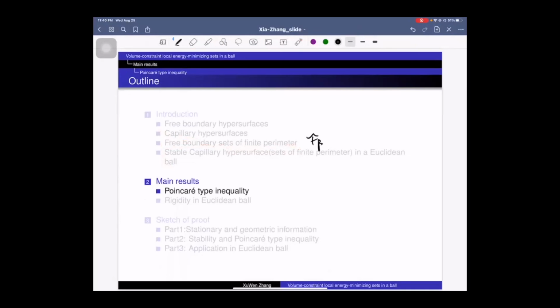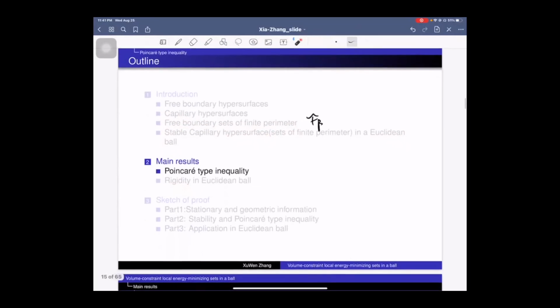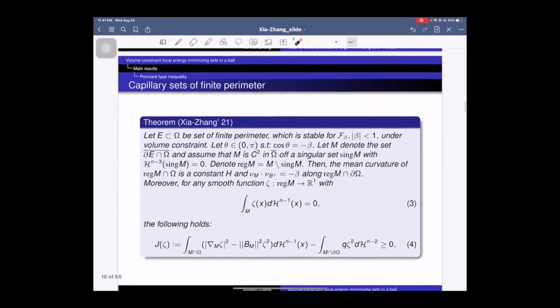And we also wonder if a stable capillary set of finite perimeter in a Euclidean space has some rigidity as before, since Sternberg and Zumbrun's results only prove that the stable free boundary hypersurface has some rigidity. Yeah, and here are our main results.